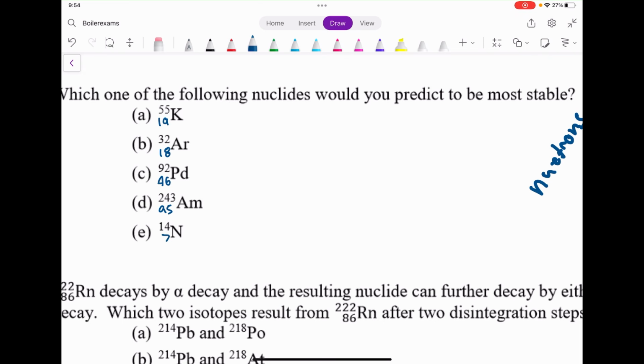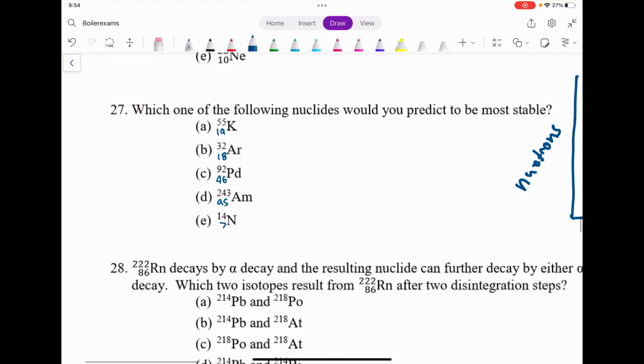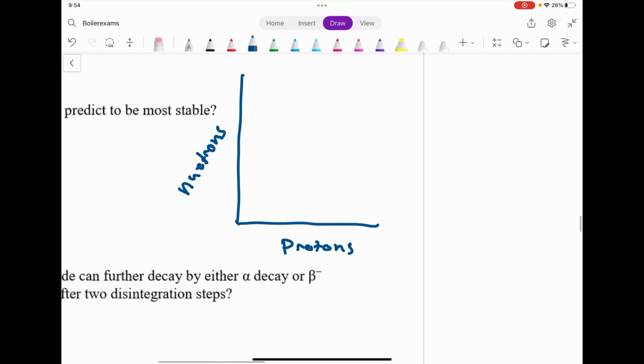And I also know that mass number minus atomic number equals number of neutrons. It will be useful to know how many neutrons each of these have for the sake of plotting them on this graph.